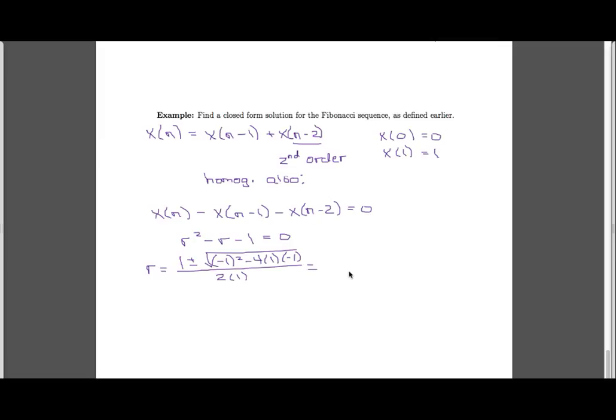So that's 1 plus or minus square root of 1 plus 4 all over 2. So this is 1 plus or minus root 5 over 2.